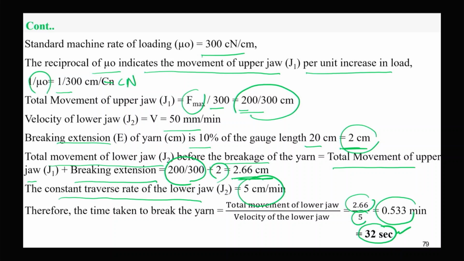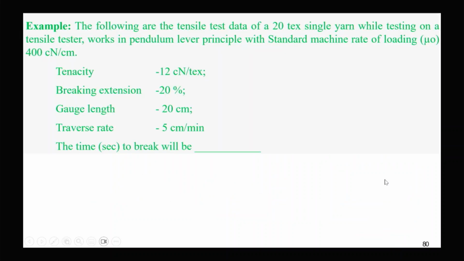So in this way we can get the total time required to break a material in the pendulum lever principle, where it works on the constant rate of traverse principle. So we'll see a similar numerical here, just the data changes.